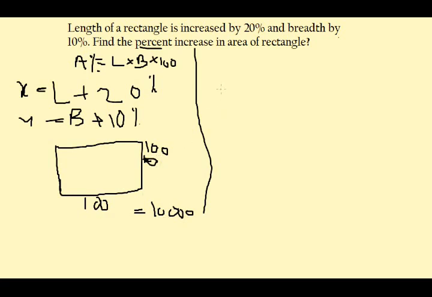Now the new rectangle formed after increasing by 20% and by 10% would be: the length is increased by 20%, so 100 plus 20 gives me 120, and similarly my breadth is 100 as I assumed, and the 10% increase on it gives me 110.